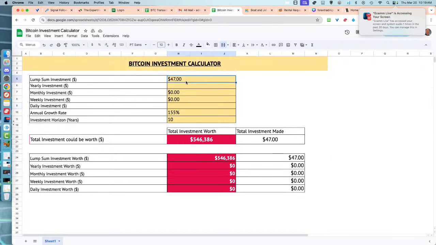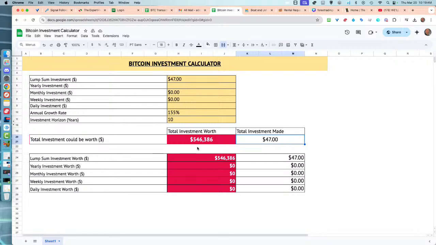So $47 in Bitcoin, lump sum investment, held for 10 years at the current annual growth rate, which is CAGR, compound annual growth rate. So total investment was $47. Held for 10 years, it's $546,000. So do me a favor. Shut up and pay attention. I'm speaking the truth here.